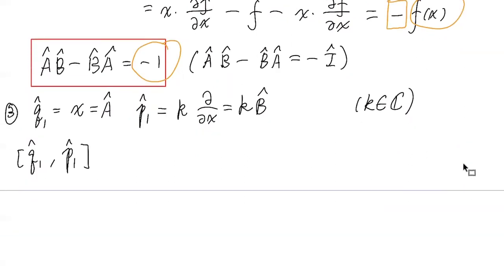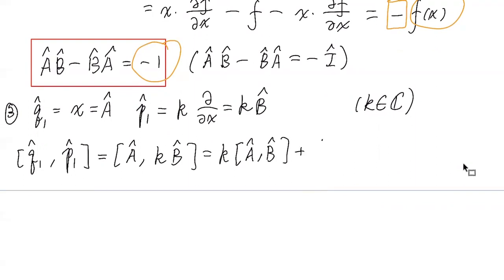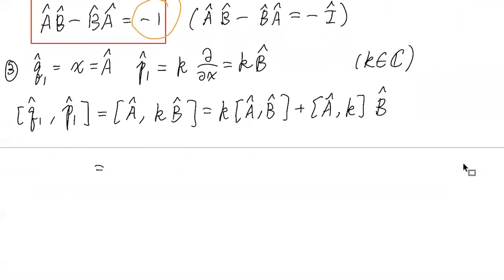So I will not repeat these simple algebraic properties. Q1, P1 is now equal to A, B with K, because Q1 is equal to A, P1 is equal to K times B. Using the algebraic property, this is equal to K times AB plus AK times B, right? So this is K times AB plus, what is AK?